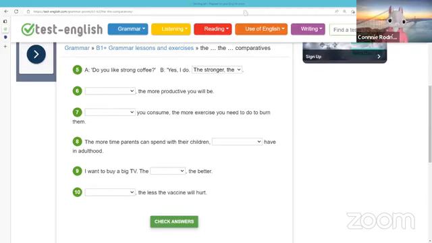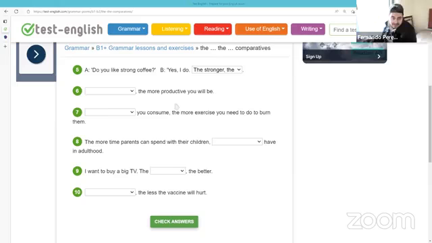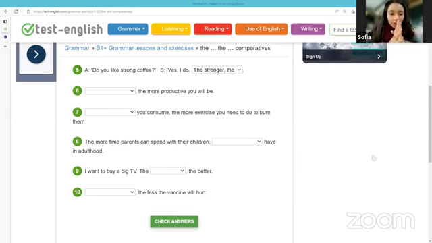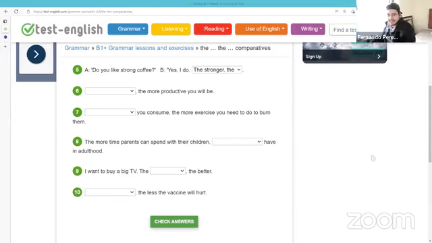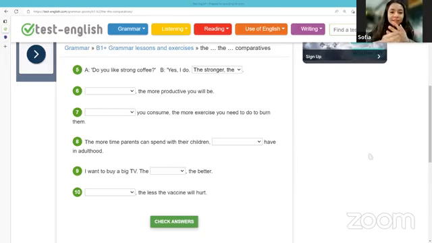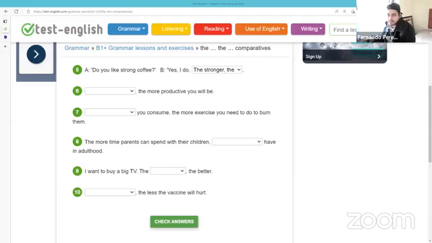Okay. All right. Sophie, number 6. "Space, and the more productive you will be." The more... I have some ideas in Spanish, but I don't know.